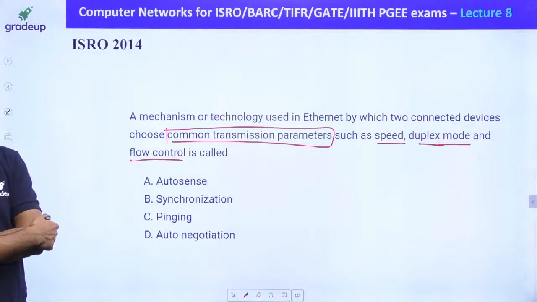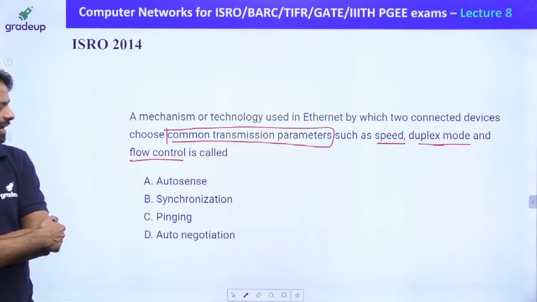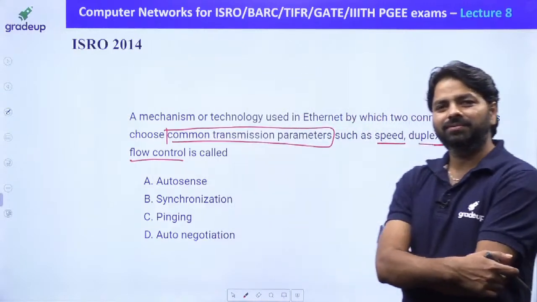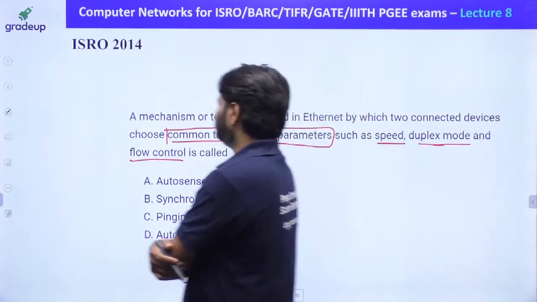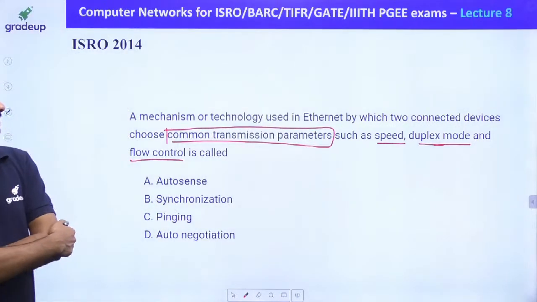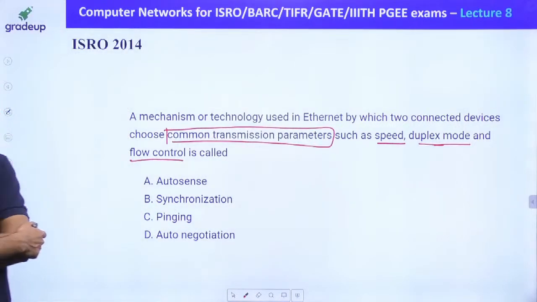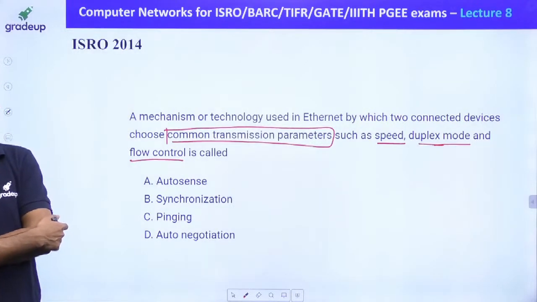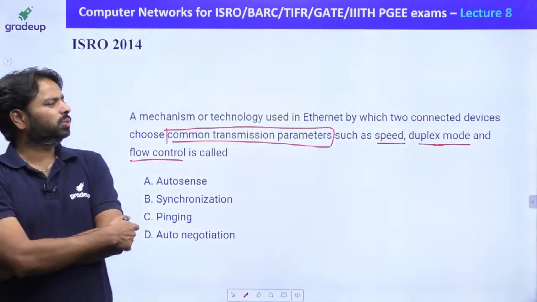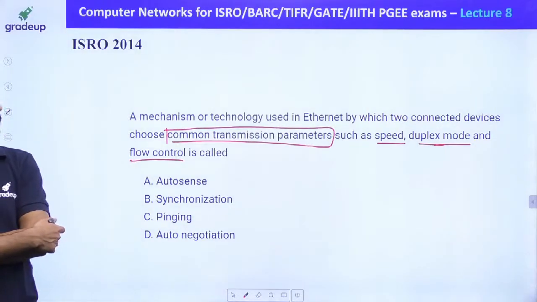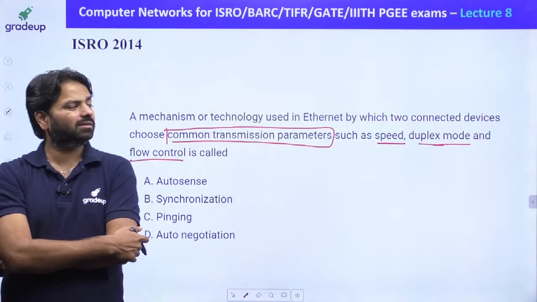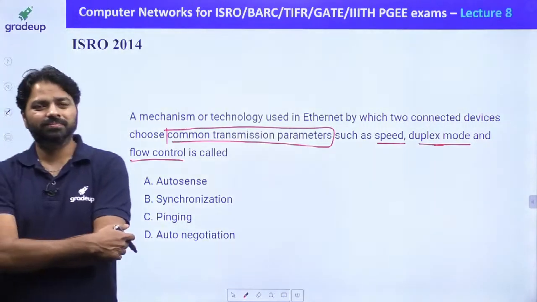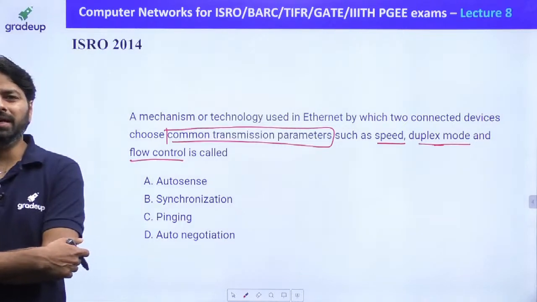Synchronization, autosense, pinging, it's not operating system, guys. Two connected devices choose common transmission parameters: speed, duplex mode and flow control. Let's see, anyone can answer this.